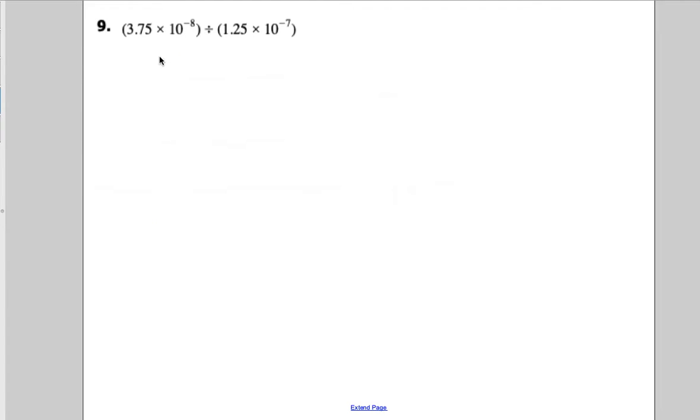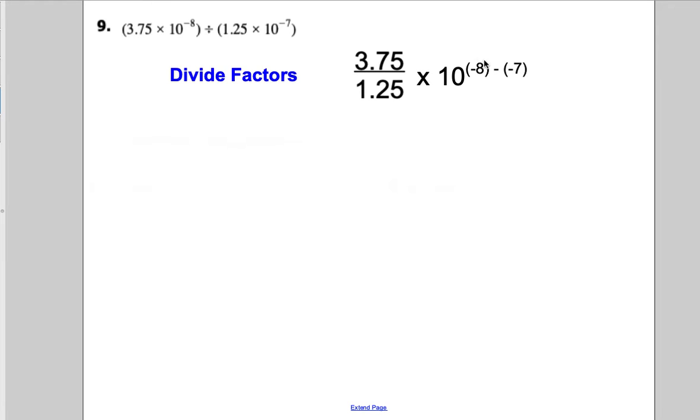Number 9. Start out by dividing your factors. Okay, the factors here are 3.75 divided by 1.25. Then we know we have to subtract our exponents because this is a division problem, so I do times 10 to the negative 8 minus negative 7. All right, first divide this, then subtract your exponents.